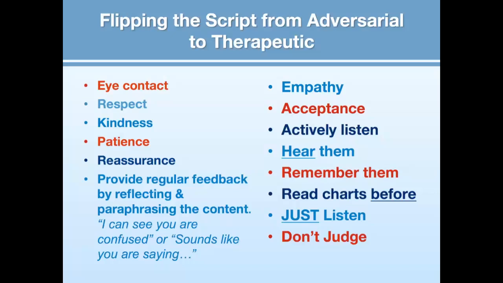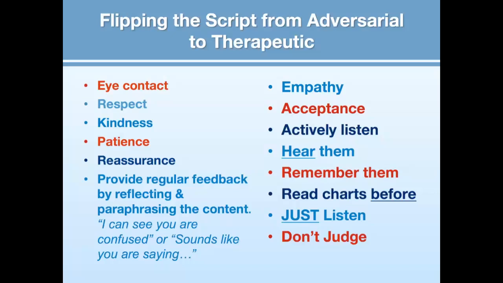Or when they're trying to say something but they're not getting it out, that's when you turn it around: well, it sounds like you're saying... You're acknowledging that they're having a difficult time, and you're giving them permission to not be okay and to seek ways to be okay. And obviously, it's important that you know the people you're dealing with. Remember them.